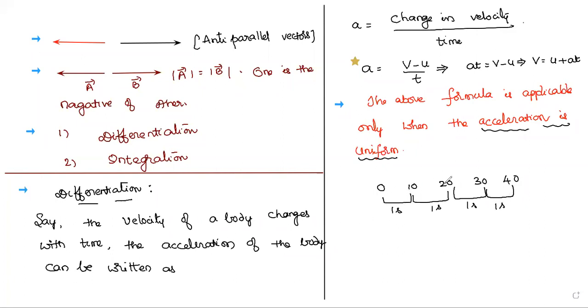If the velocity, this is velocity and this is time, changes uniformly at regular, equal intervals of time, then the body is said to be moving with uniform acceleration. Acceleration is uniform. Okay, this is the condition we took. That's why the T is here. For explanation, I give one example.